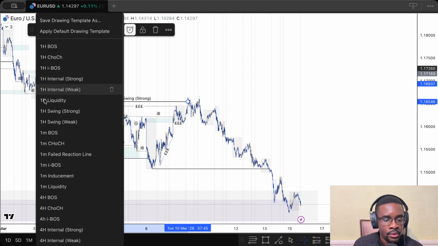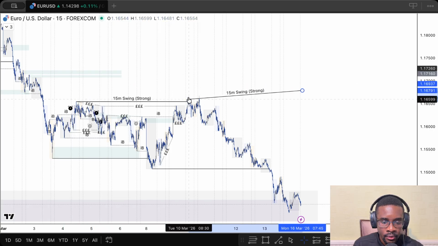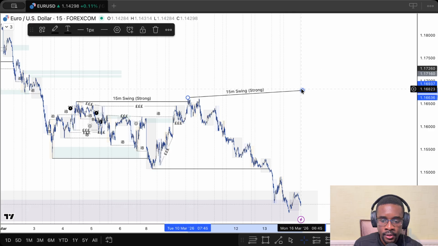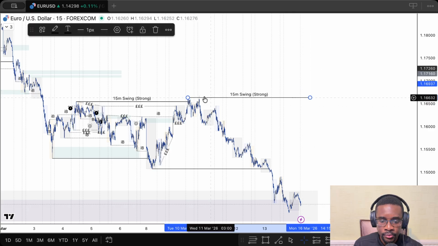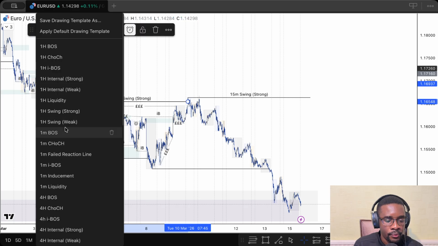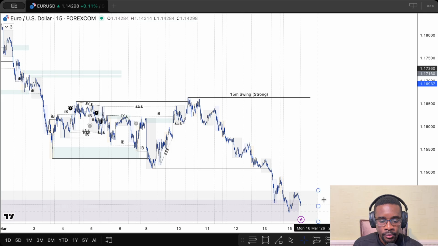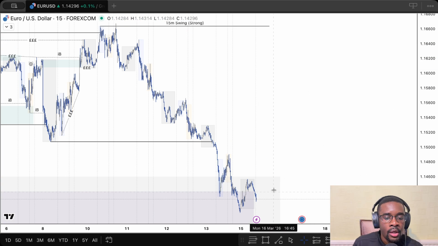So this one was temporal. And then that was our high, and that one was a sweep right there. So that was a 15-minute pause, and then we had a change of character, and then we've continued bearish.